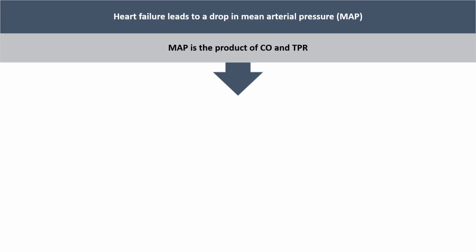Here's what happens in the early stages of a drop in myocardial function. Heart failure leads to a drop in mean arterial pressure, the mean arterial pressure being the product of cardiac output and total peripheral resistance.